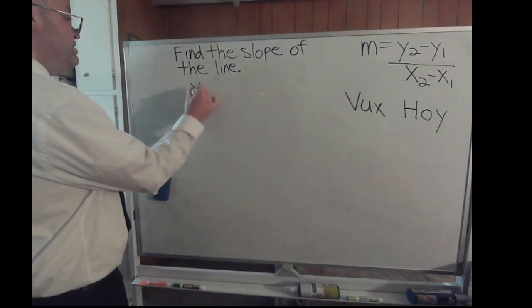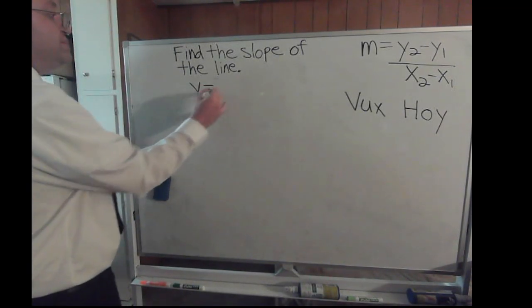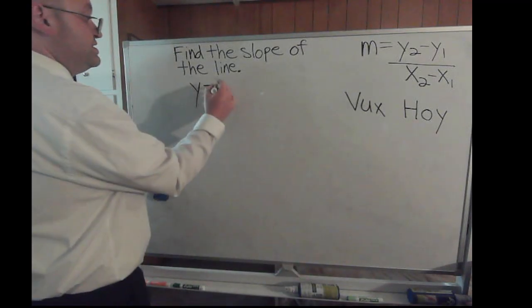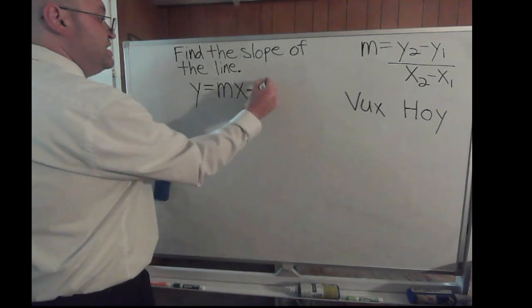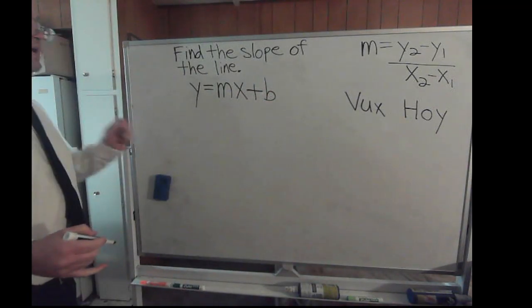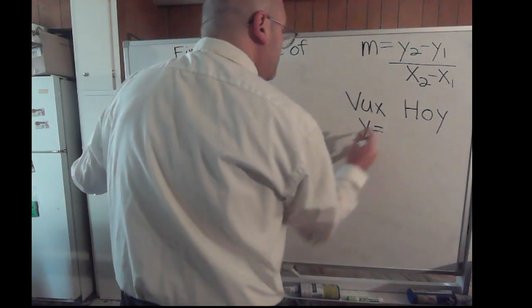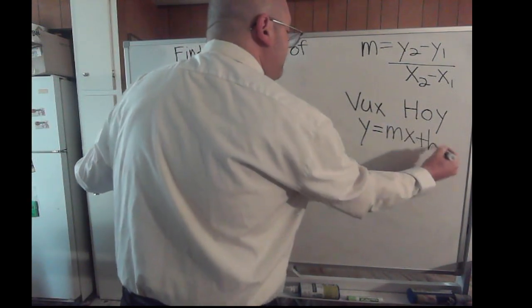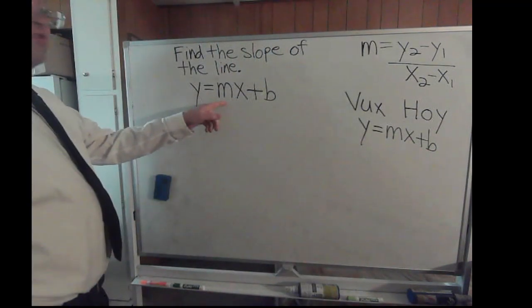Let's say you have the slope of a line. This is going to tie into the next lesson. This is slope-intercept form of an equation, y equals mx plus b, okay? Well, m is your slope, if we remember that.